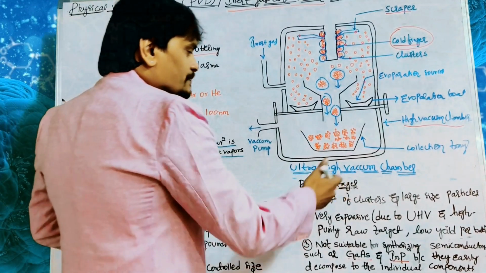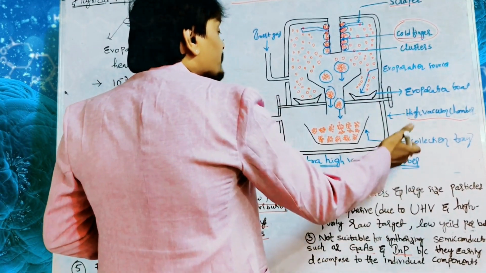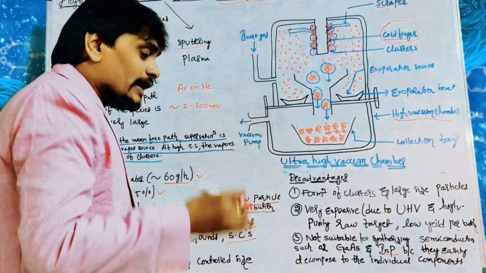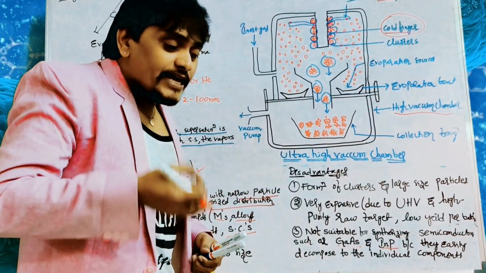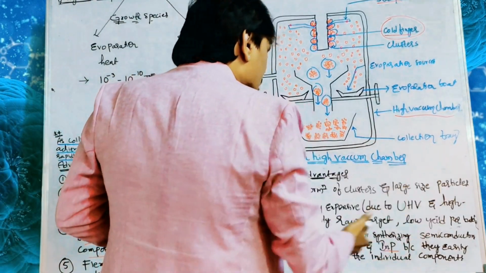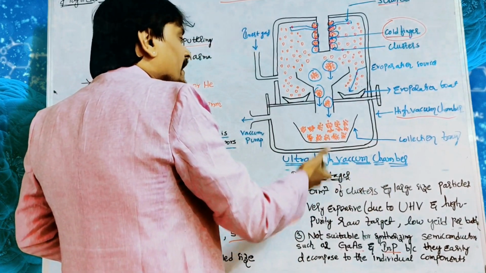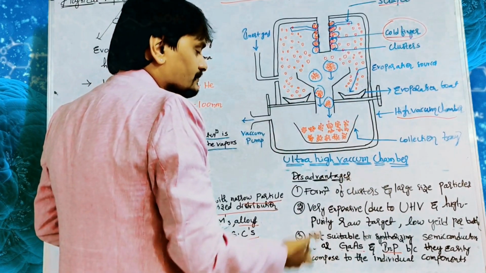It is also very expensive, as an ultra high vacuum chamber is used in order to obtain the high quality material, and a high purity raw target is utilized during this particular inert gas condensation.